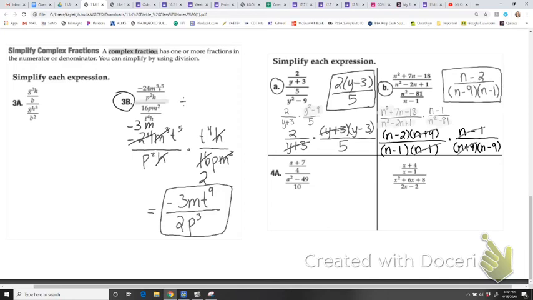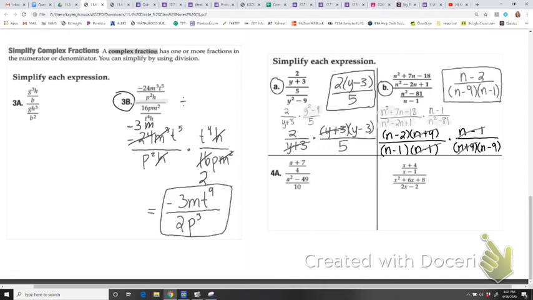So you can see over here, I'll talk through example B on the right side. I had that top fraction times the reciprocal of the bottom, and I had 2 trinomials in the first one that you can factor. So that was n minus 2 and n plus 9 over n minus 1 and n minus 1.